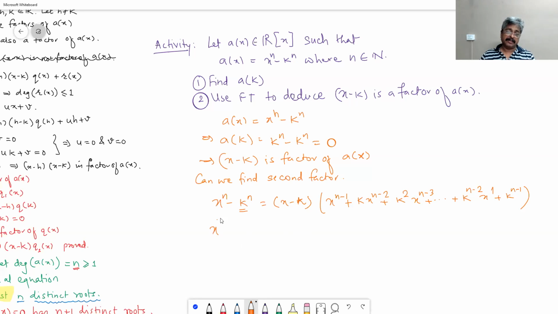So if x raised to 7 minus say 2 raised to 7, x minus 2 is a factor, and you have x raised to 6 plus 2 times x raised to 5 plus 4 times x raised to 4 plus 8 times x raised to 3 plus 16 times x raised to 2 plus 32 times x raised to 1 plus 64.